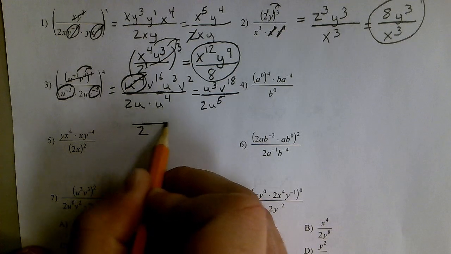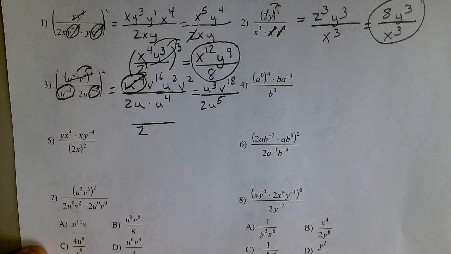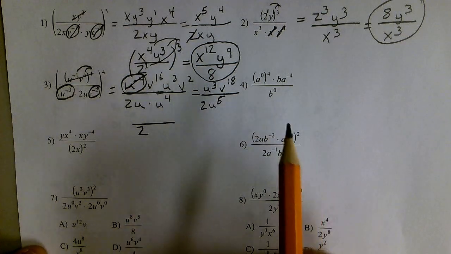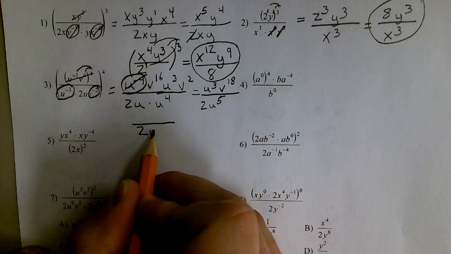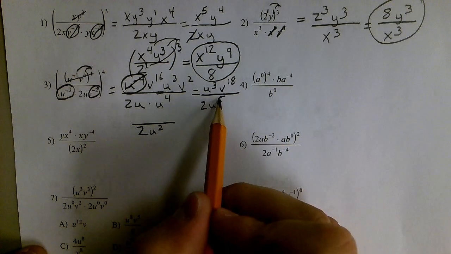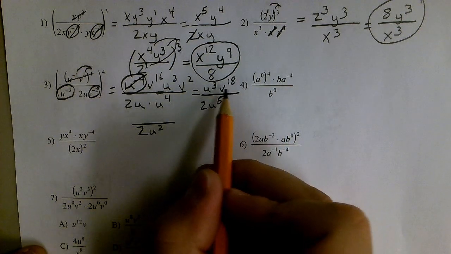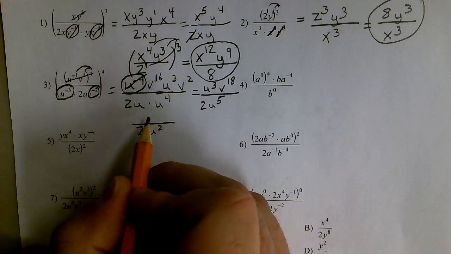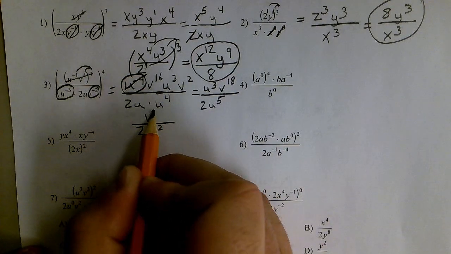The 2 has nothing in the top that it can simplify with, so I'm just going to keep it there in the bottom. Then I ask myself, where do I have more u's? In this case, in the bottom, I have 2 more, because 5 minus 3 is 2. Then that v to the 18th is up top there.